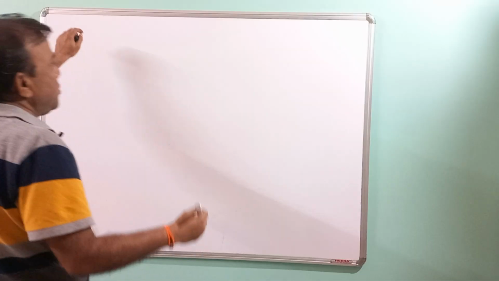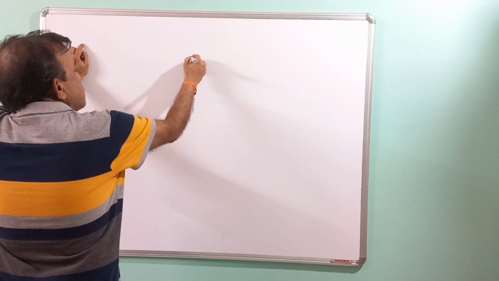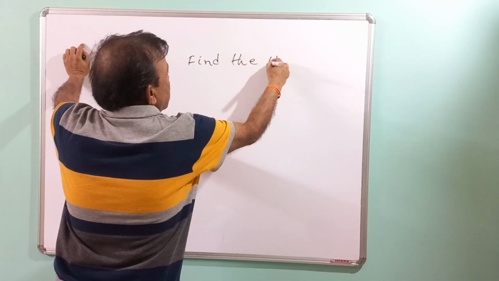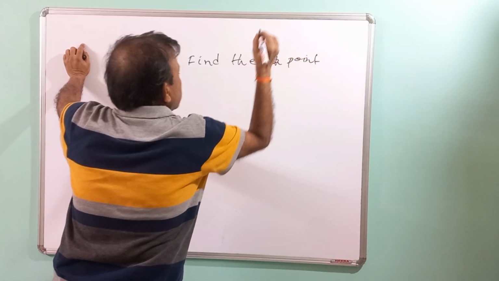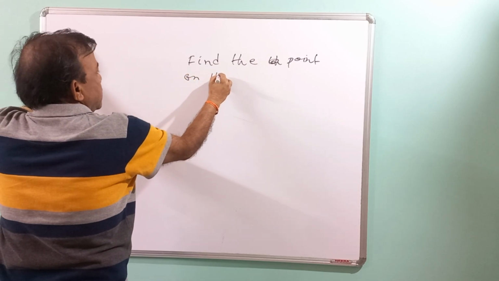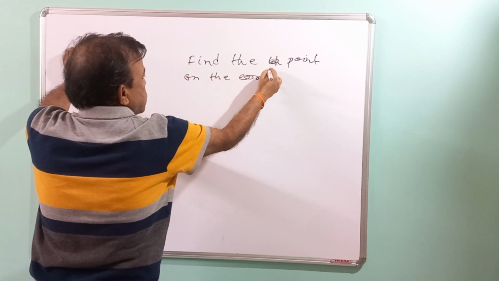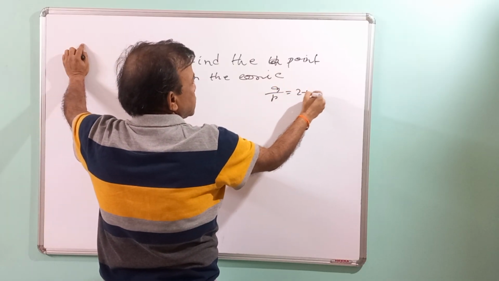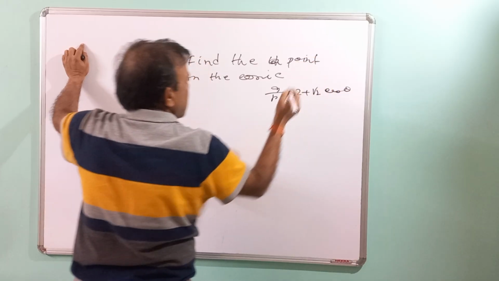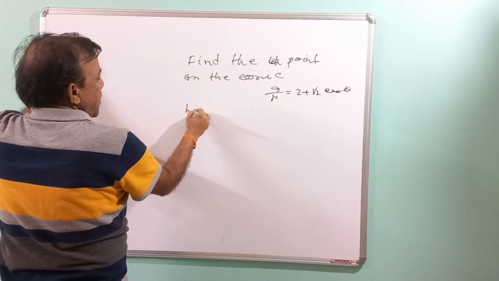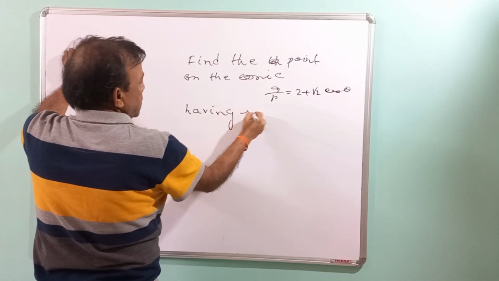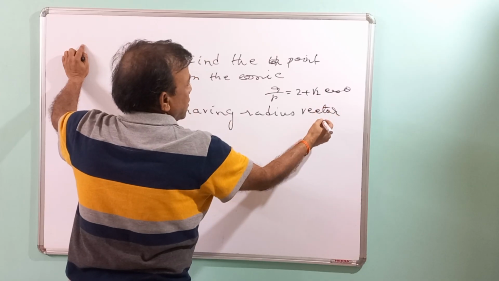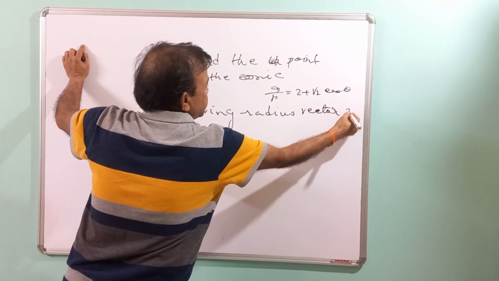The problem is: find the points on the conic 9 by r equals 2 plus root 2 cos theta, having radius vector 3.